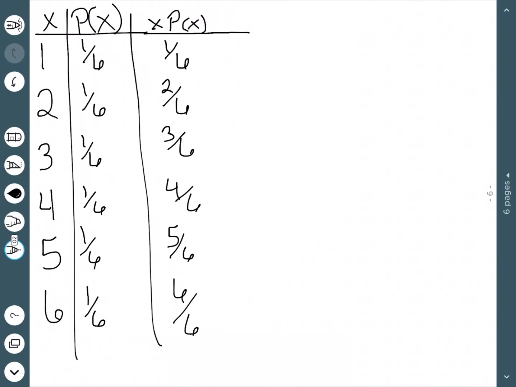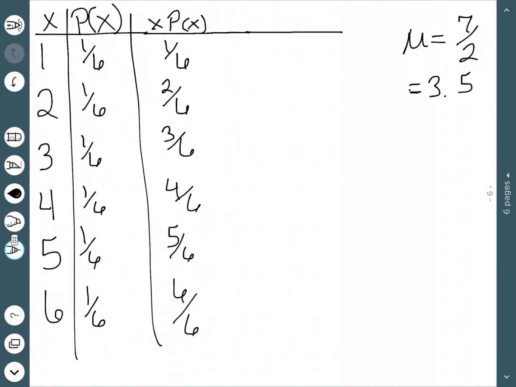And a lot of times it is going to be helpful to leave it as unreduced fractions. Now to actually find the mean from this, we're just going to add up all of these numbers. And when we do, we'll get 21 over 6, or equivalently 7 over 2. Also 3.5. The reason it's helpful to not reduce these fractions when we multiply is because it makes this addition much simpler.